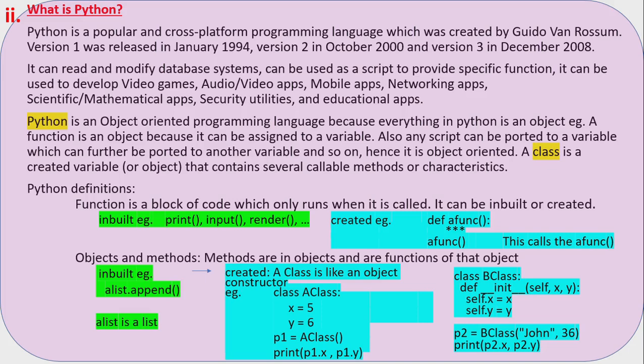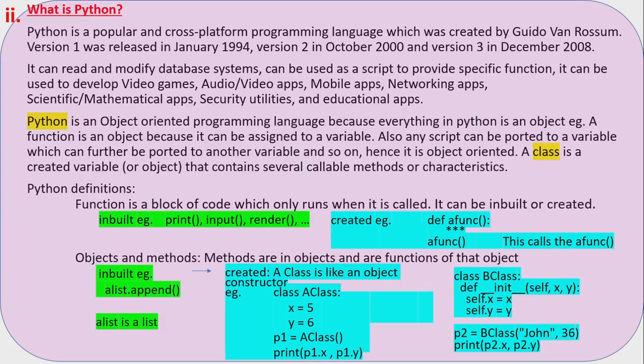Whereas an object can also be created by using a class. A class is like an object constructor, that is, it's used to create an object. An example is class AClass, where AClass is the name given to the class, and inside it the lines are indented.